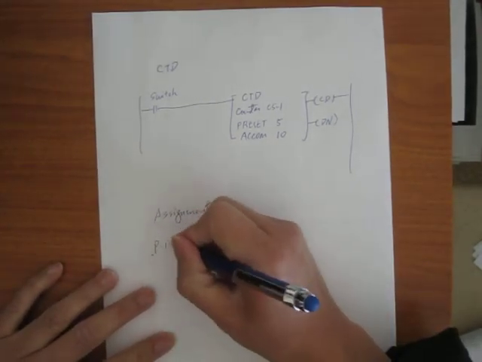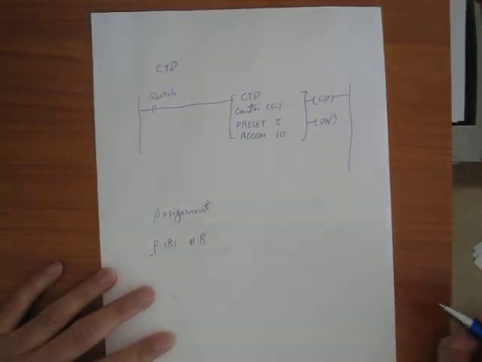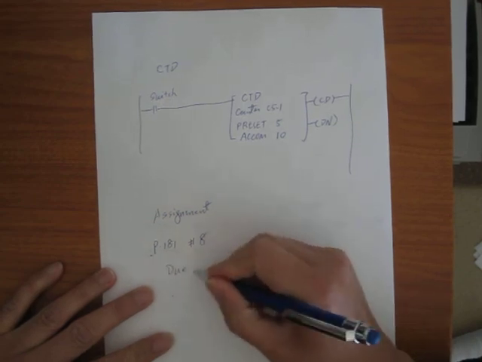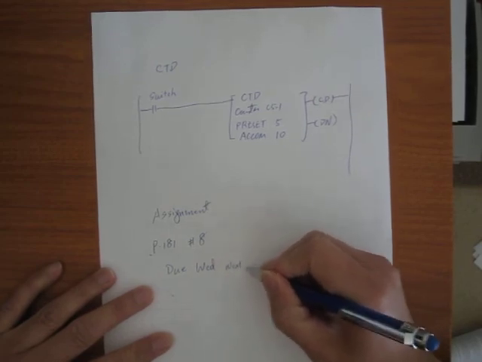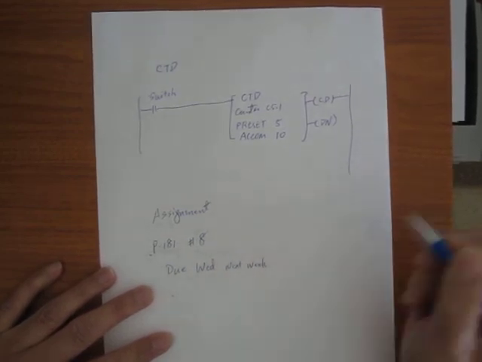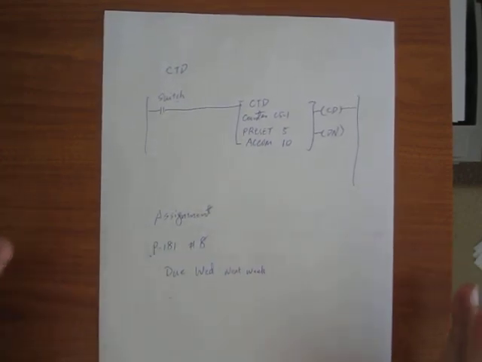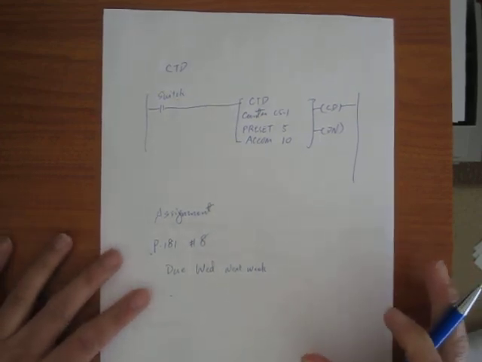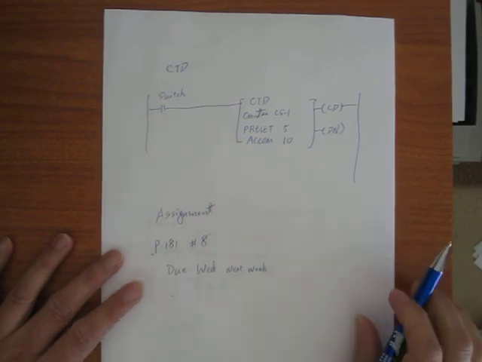Make it due Wednesday next week. Relatively simpler compared to the timer. With the timer, sometimes the logic is really kind of mind-boggling and makes you really think about it. CTD is relatively straightforward. Okay, thank you guys.